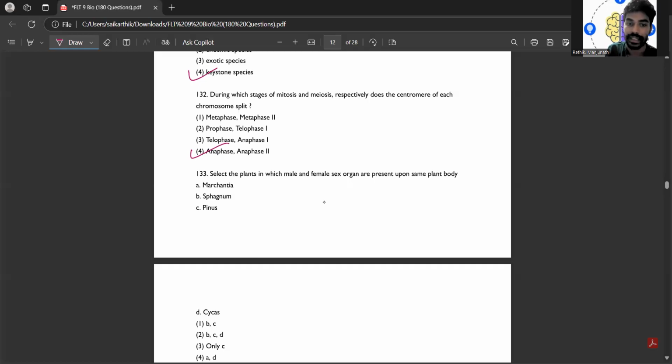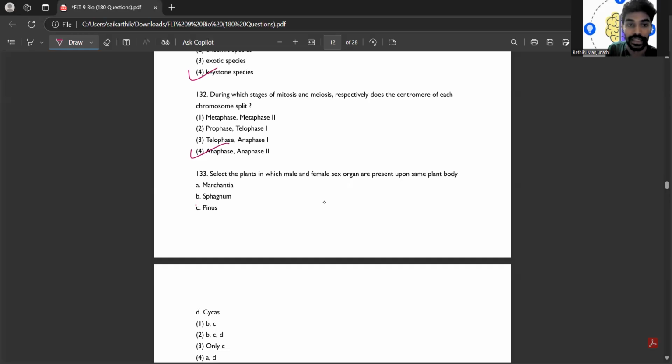So what would be the correct answer here? The first one is Marchantia, which is unisexual, correct? Cycas unisexual. Then C, that is Pinus, which is bisexual.